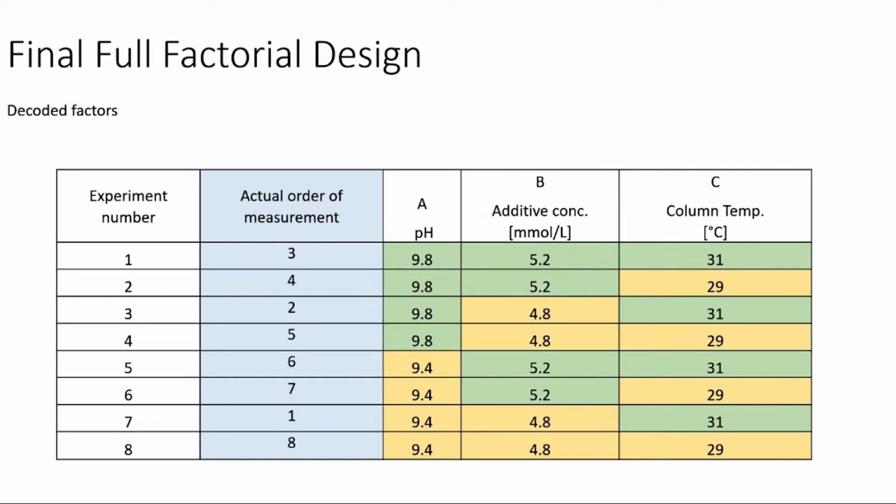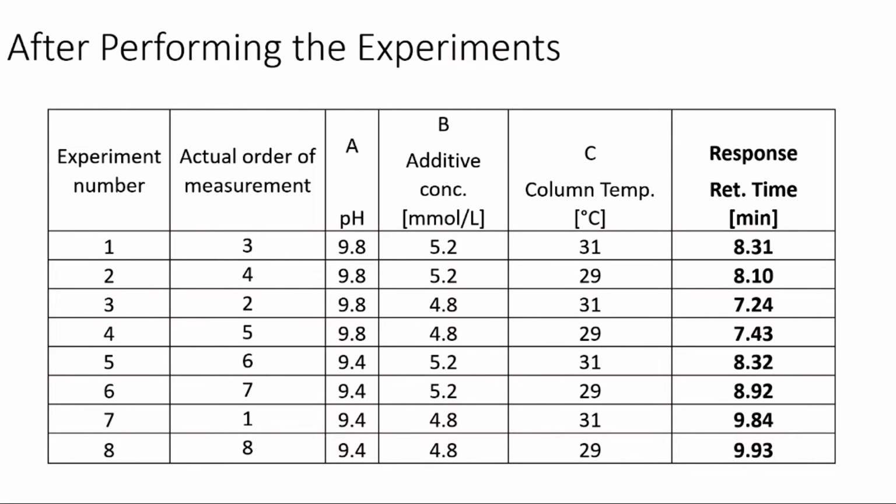And to minimize their effect on the retention time, we randomize our experimental order. This is the reason why this blue column has been implemented here. Now with this knowledge, we can go on and start to perform our experiments and also determine the retention time of norfloxacin with these different runs.